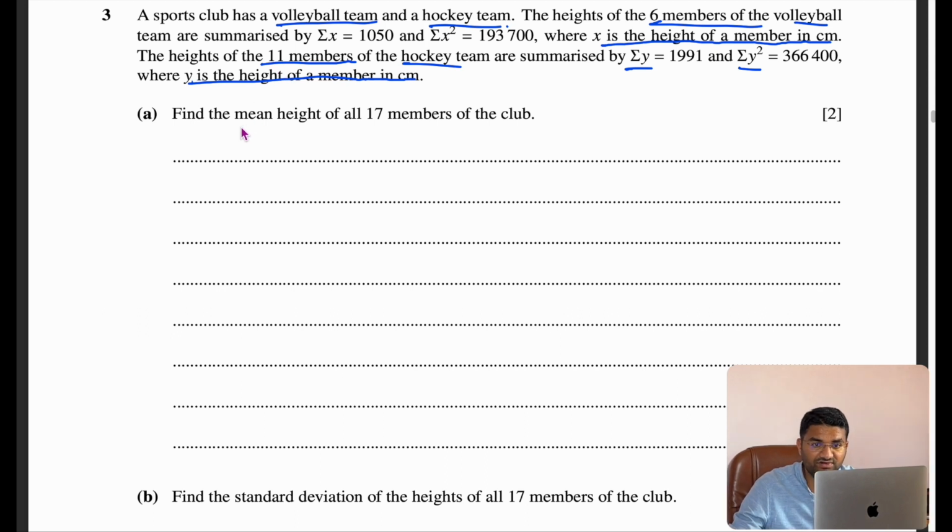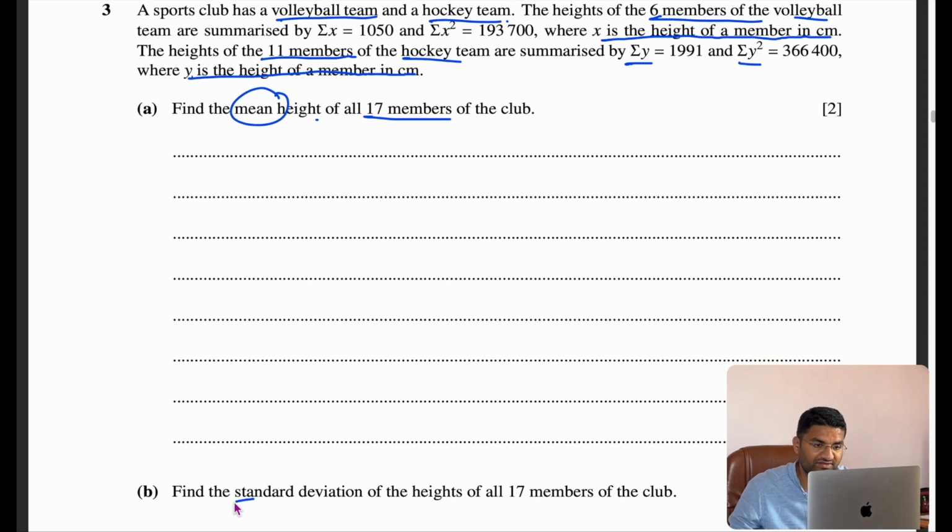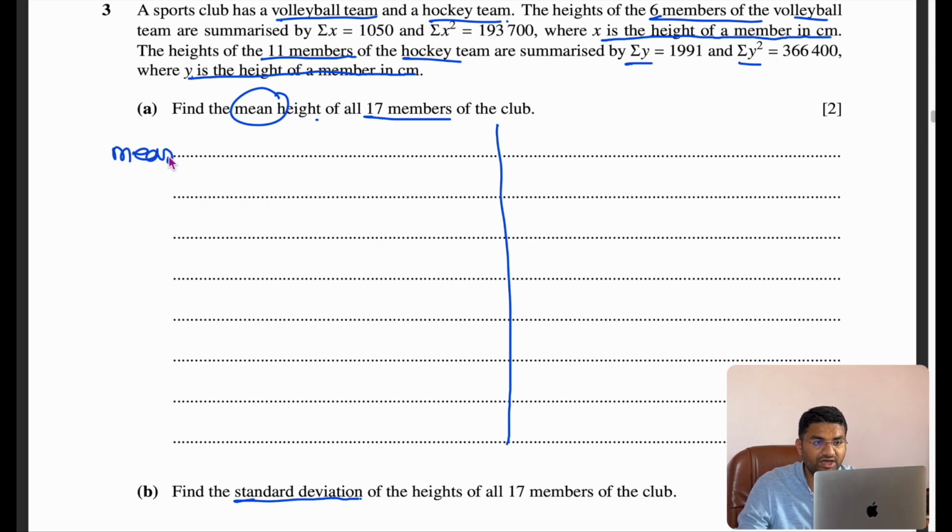So you have to firstly calculate the mean height of all 17 members in the club, and then find the standard deviation in the second part. So we'll quickly calculate the first part. How can we calculate the mean? We have two sets of data, summation of x as well as summation of y.